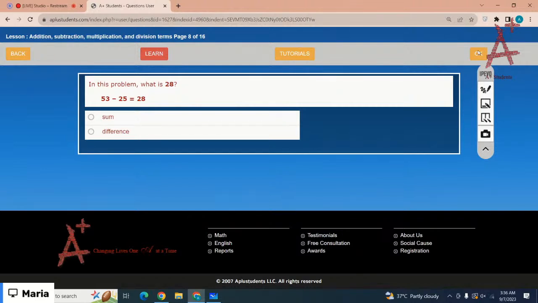In this problem, what is 28? Which is the correct option?